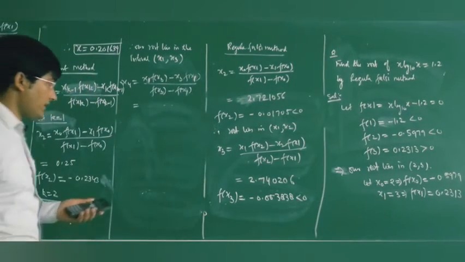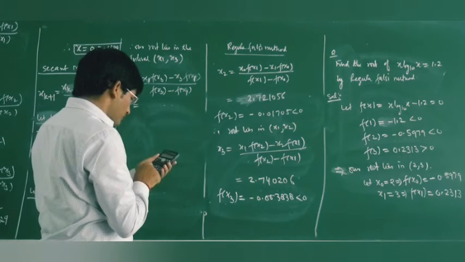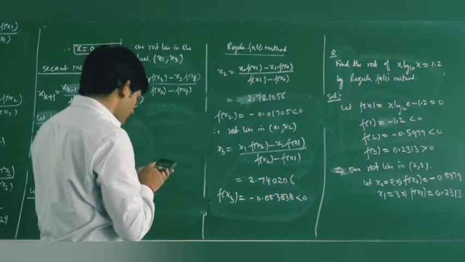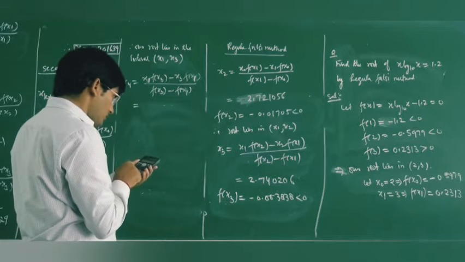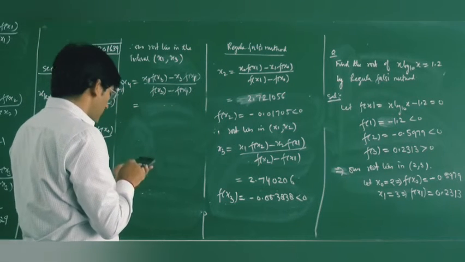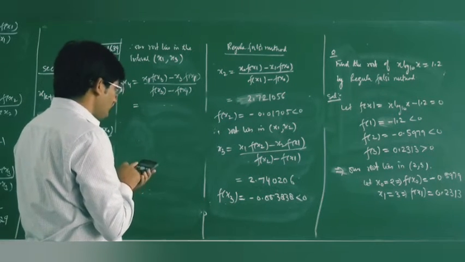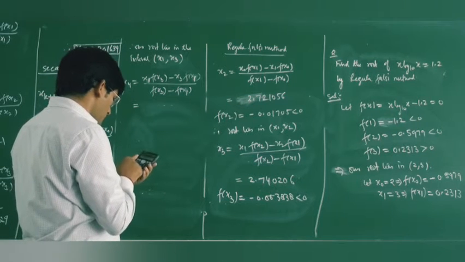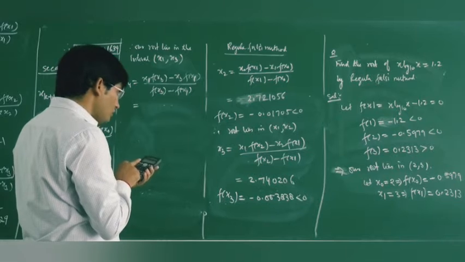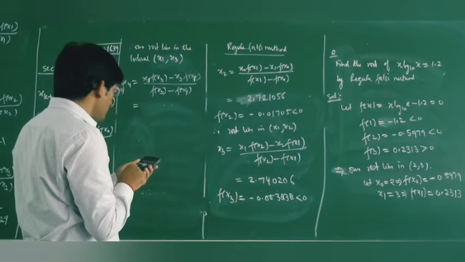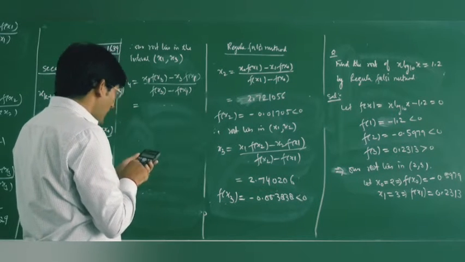Now x4 is equal to 3 multiplied by your f of x3, which is your minus 0.003838, minus x3, which is your 2.740206, into f of x1.